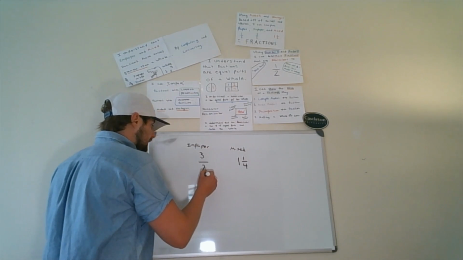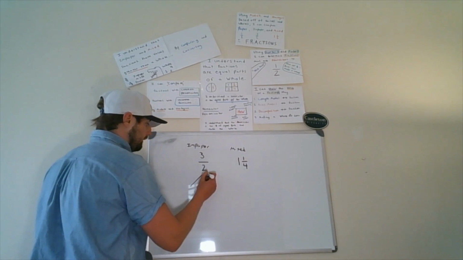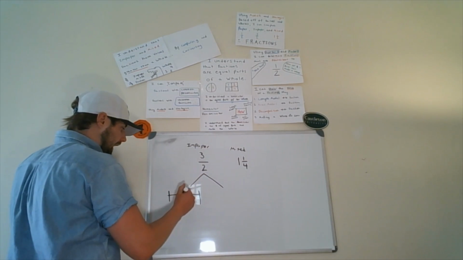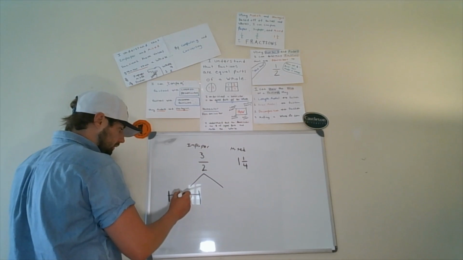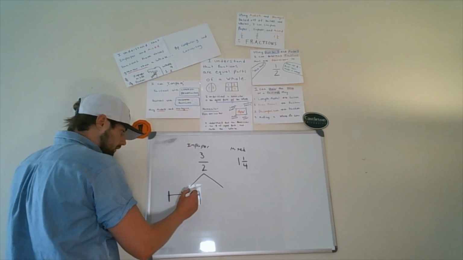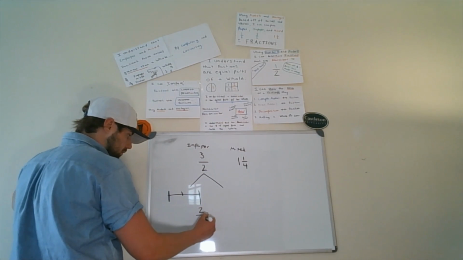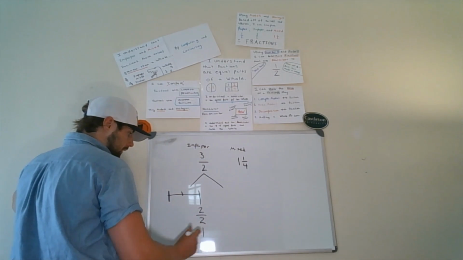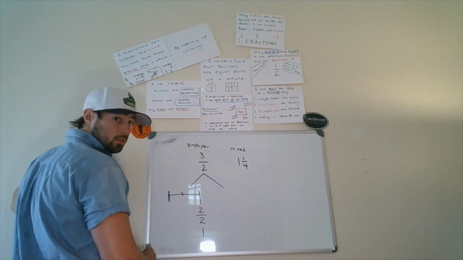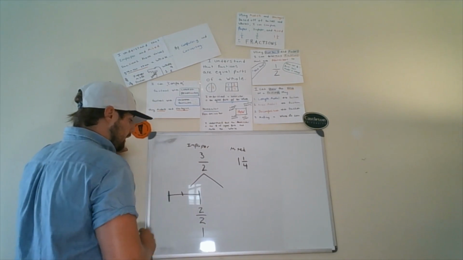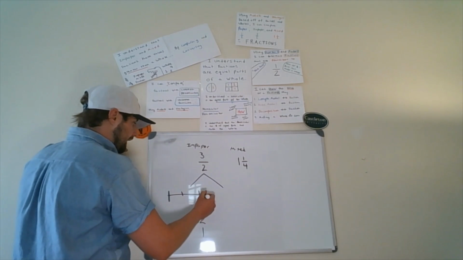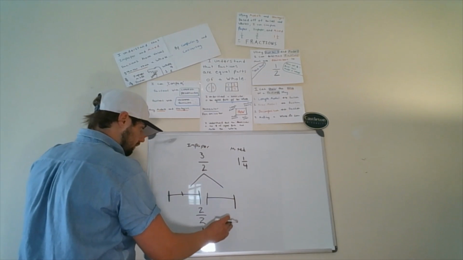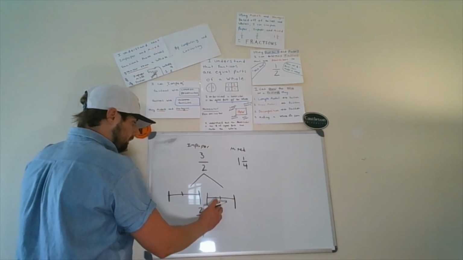So first thing I need to do is first make that whole. I know when I'm working with halves, there are two parts that make that whole. 1, 2. That would be 2/2. That would be 1. But we have 3 halves. I need to make another whole, of 2 parts.